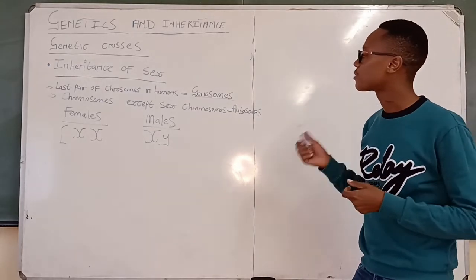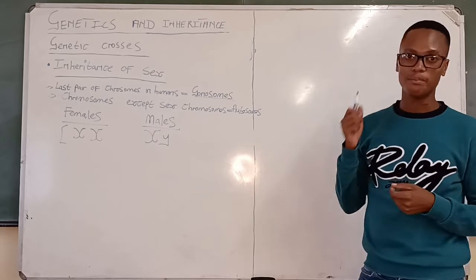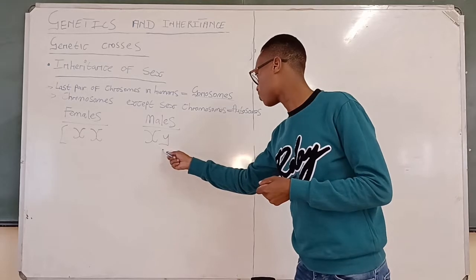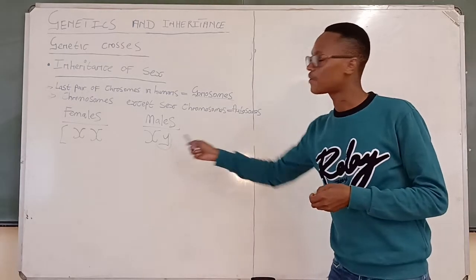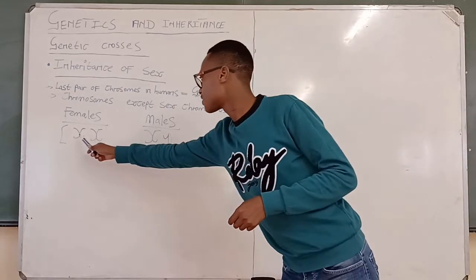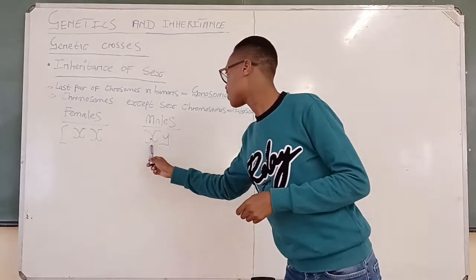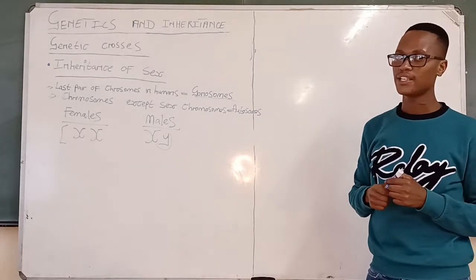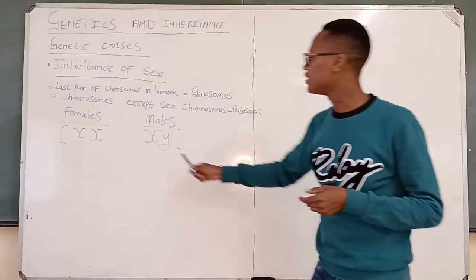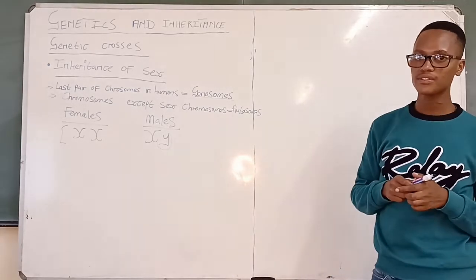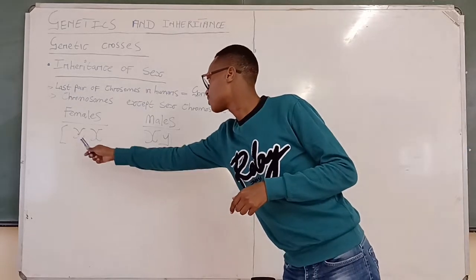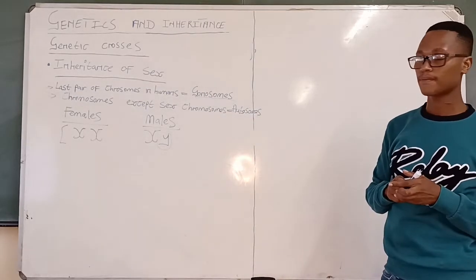That's why males are different from females, because of the presence of this chromosome. The genes found in this chromosome cannot be found in these other chromosomes. That's why the person automatically becomes a male, because he has genes that are not available in females. I hope you understand.